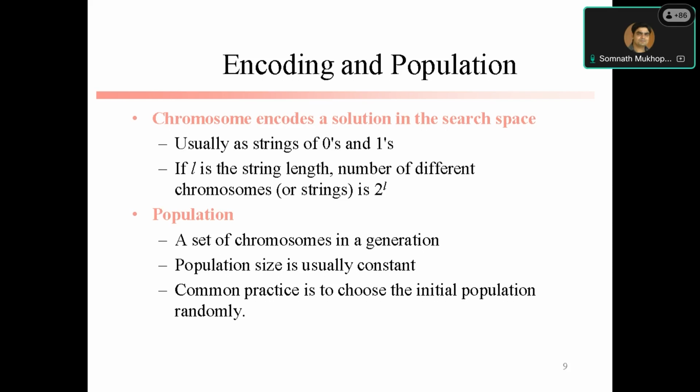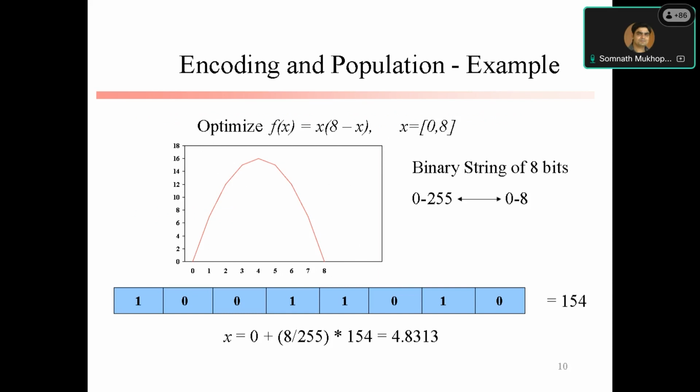The several solutions from which the chromosomes are encoded, the solution set, is known as the population. The population size is usually user supplied. A common practice is to choose the initial population randomly.